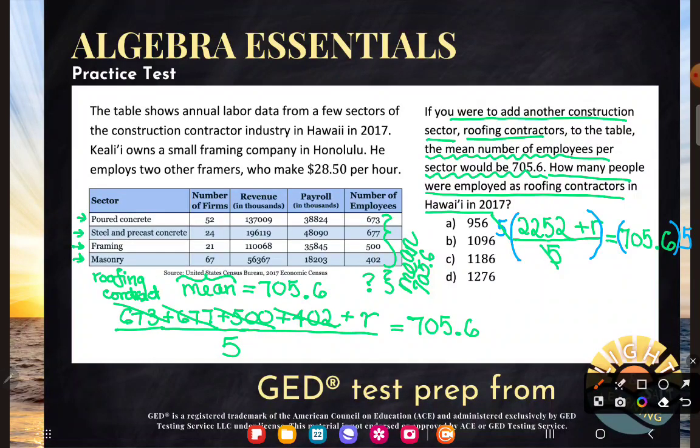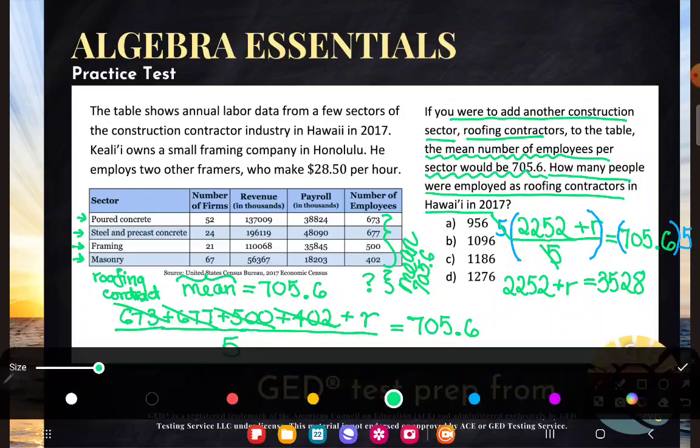Multiplying and dividing by 5 are opposites. They cancel. So what's left? That group is free from its fraction. 2252 plus R is going to be equivalent to, what is 705.6 times 5? 3528, and R is almost alone, but I have this 2252 to get rid of.